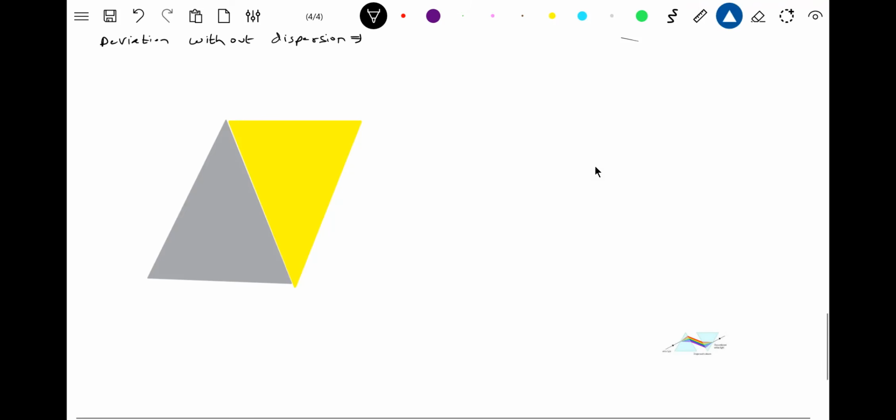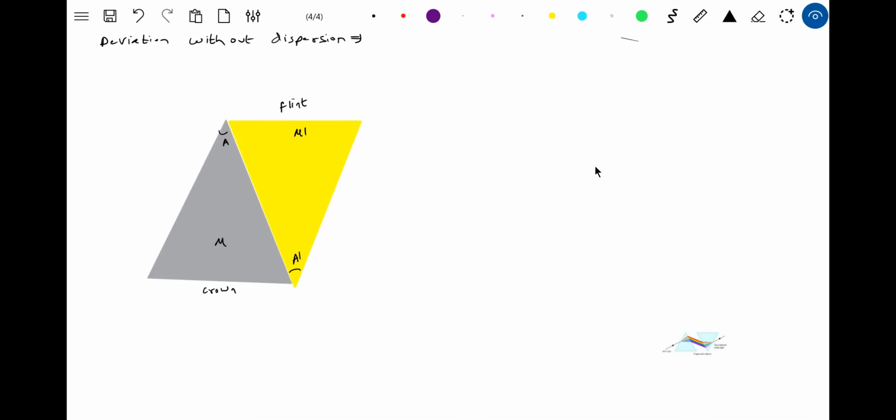So I'll take two different types of prisms. This is A dash, with refractive index mu dash. This will be the crown prism and this will be flint. The refractive index of the materials will be slightly different.